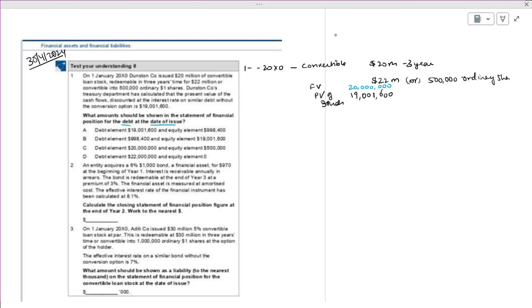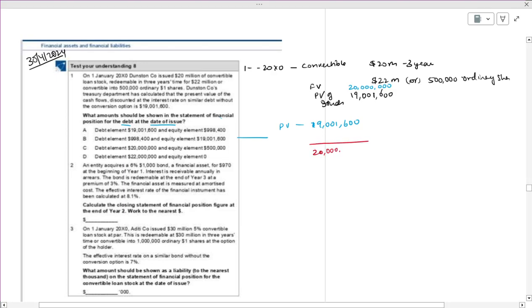What is the rule? The rule says that we have to calculate the present value of the debt first. How much is there? 19,001,600. We have to calculate that, and then deduct it from the total value. How much is there? 20 million. You will have a difference.